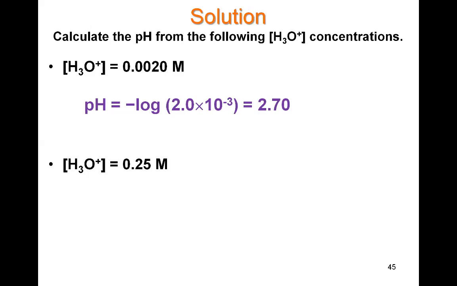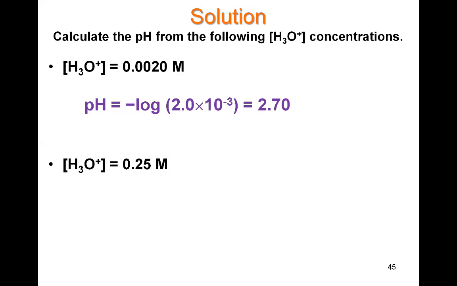So you need to keep 2 sig figs. Sorry, the concentration has 2 sig figs, and we need to keep 2 decimal places for the pH. 2 decimal places means you write 2 point, then it comes 6, 9, 8. The 6 and 9 need to be kept, but what comes after the 9 is an 8.